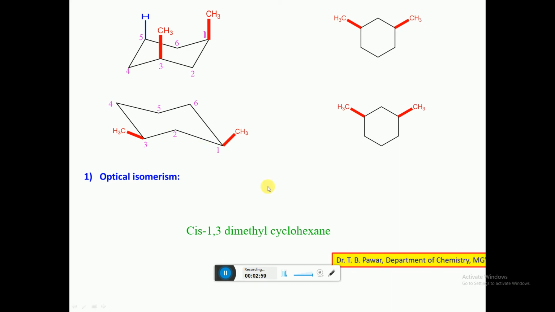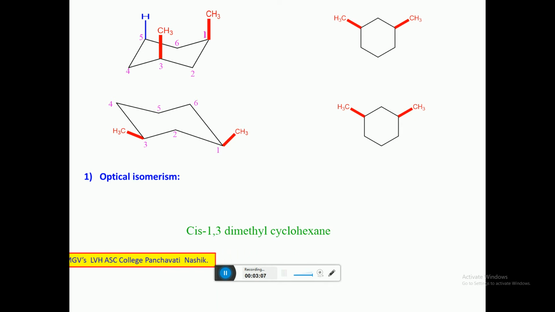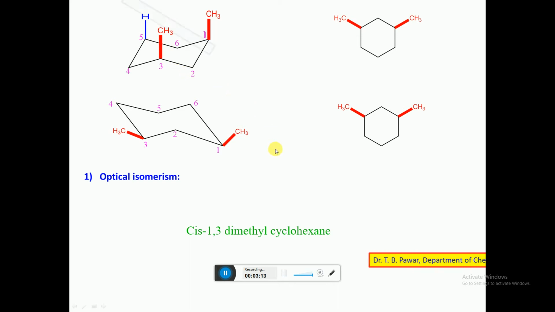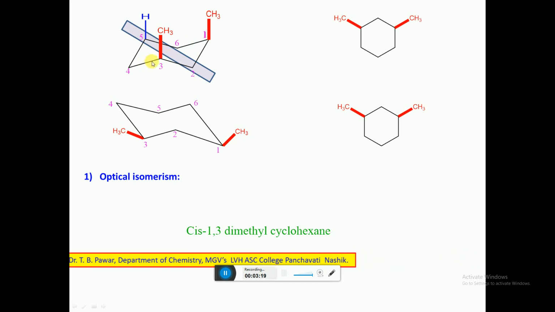Optical isomerism, this point is concerned with any type of symmetry, any elemental symmetry. Here if we pass the plane between carbon number 2 and 5, then the molecule is exactly divided into equal halves.